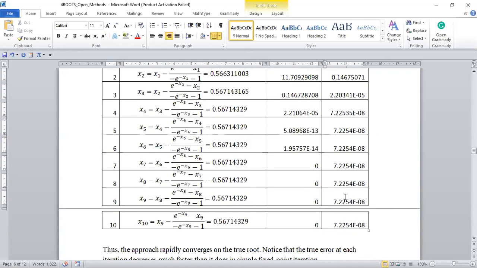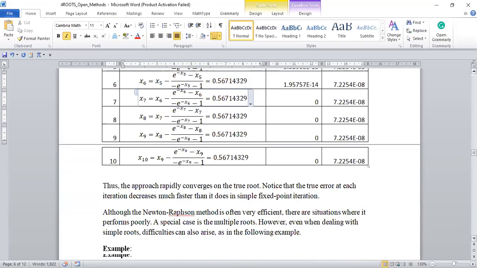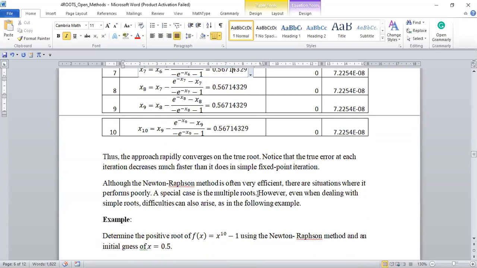If you keep on going, we are still very accurate, because the value of the root we are getting is the same throughout. So the Newton-Raphson method is very fast, and it is very efficient.